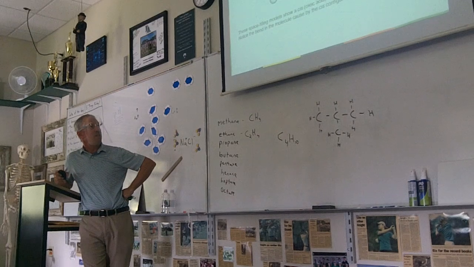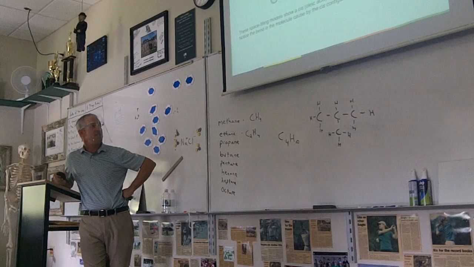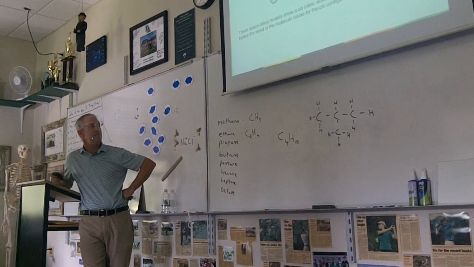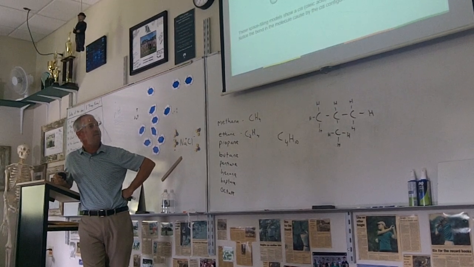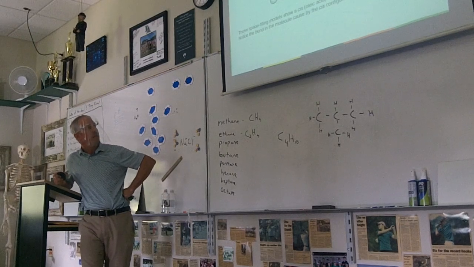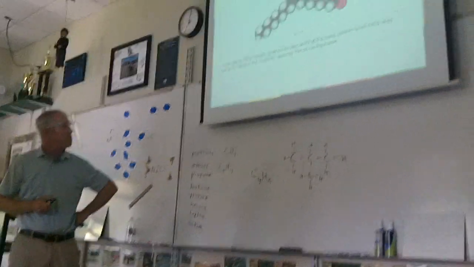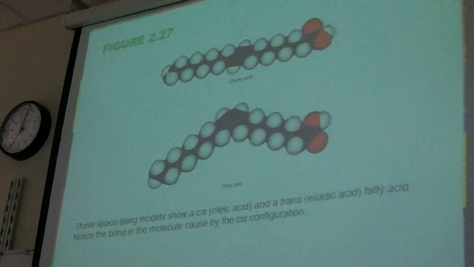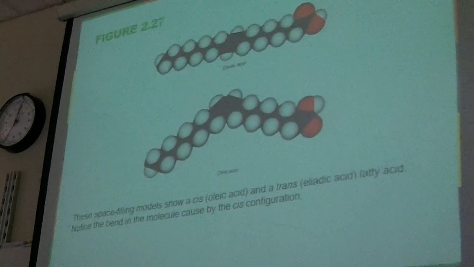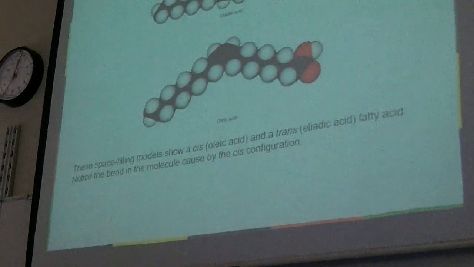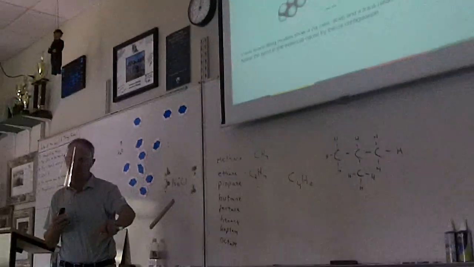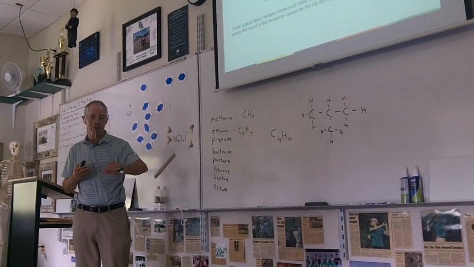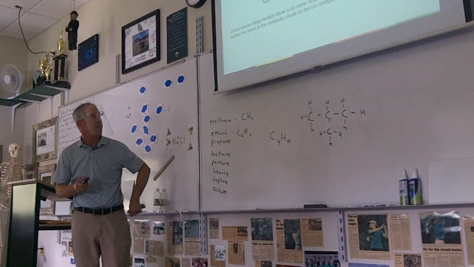This is a space-filling model. If you could actually see small enough to see the atoms, this is what it would look like. This shows the difference between a cis and a trans configuration on a, what's it called, no, not an amino acid, it's a fatty acid tail.